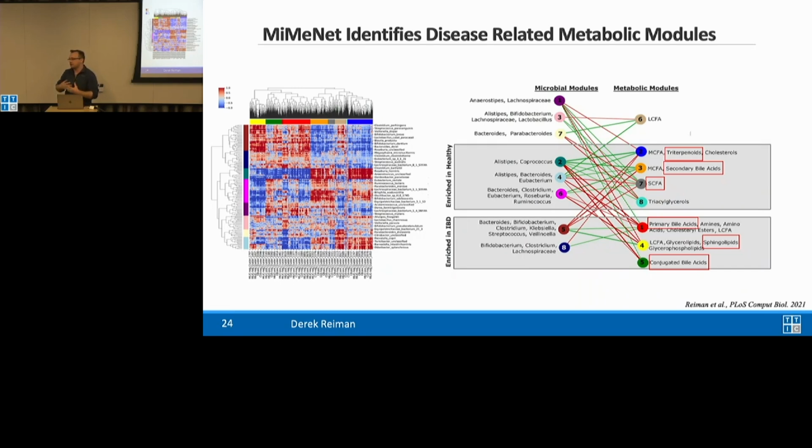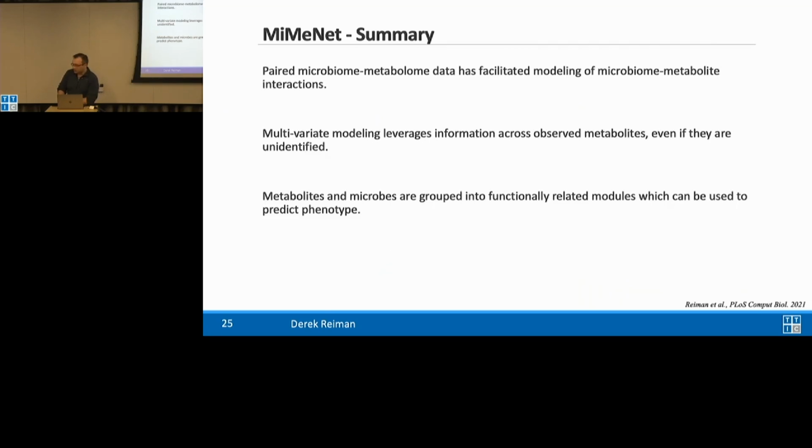Bile acids generally go from primary bile acids, go through some sort of conjugation, and then have to be deconjugated into secondary. So that process is halted, and the model captures it. And so now we have a model that can start to connect the dots between microbiome community compositions and metabolomic compositions.